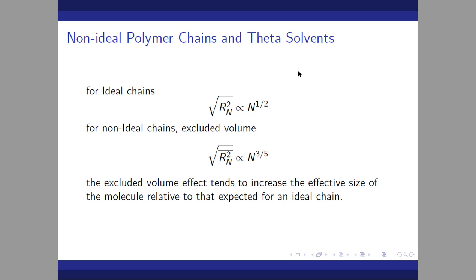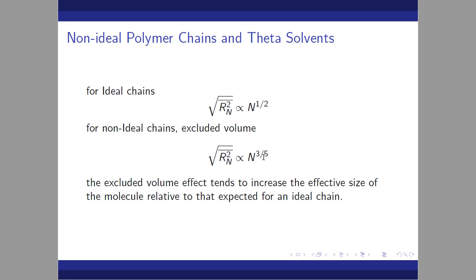Okay, so for an ideal chain, we can see that root mean squared is equal to square root of n, but for a non-ideal chain with excluded volume, the root mean squared is proportional to n to the power of 3 over 5.